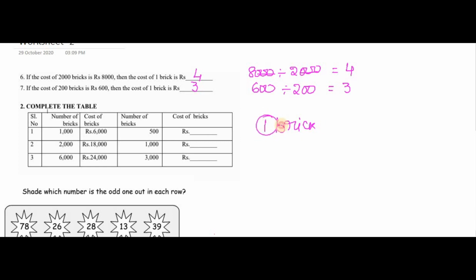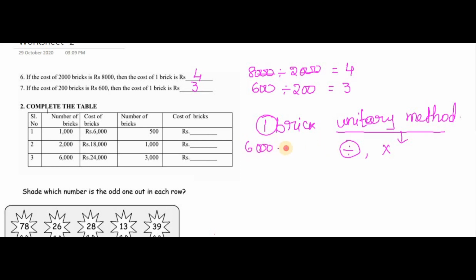And finding the cost of one item is called the unitary method. So in this unitary method, we have to do division as well as multiplication. So first, division. One brick we should find out now. So 6000 divided by 1000. In the 1000 table, when will you get 6000? Yes, 6 times. So one brick costs 6 rupees.